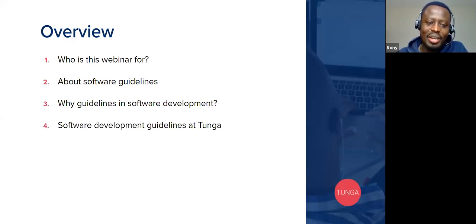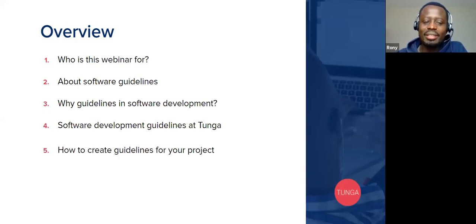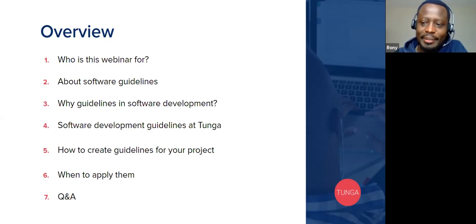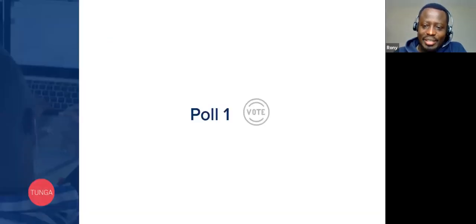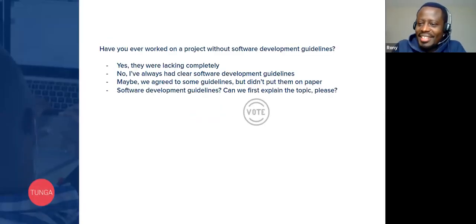Then we shall go to software guidelines at Tunga, so you'll have a case study on how we did it and how it all came together at Tunga. Then we shall give you some tips on how you can create your own so that you can apply it in your project where you're working. And then some tips on how and when to apply it. And then eventually we shall have a Q&A. Yeah, so maybe start with the poll, Roger.